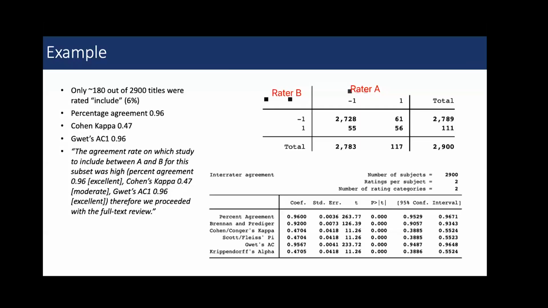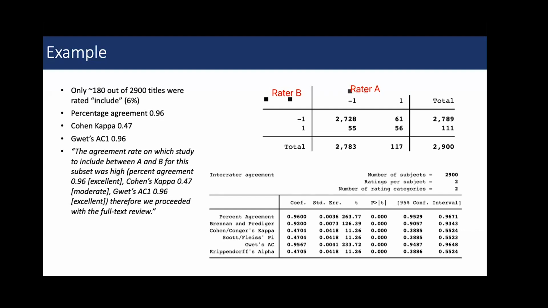Just as an example, for my first review, there were around 10,000 papers, and 40% of them were reviewed by two reviewers, which is 2,900. As you can see from this 2x2 table, there are around 180 papers rated as include by both reviewers, and around 2,700 considered as exclude by both of us.